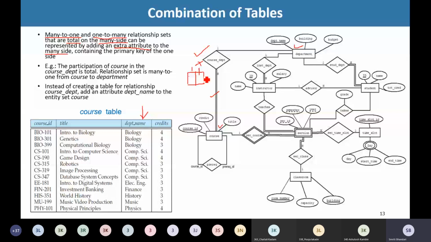So instead of maintaining this separate table, I can add this department name in the course table itself. And this is how we can combine the tables. Got it?